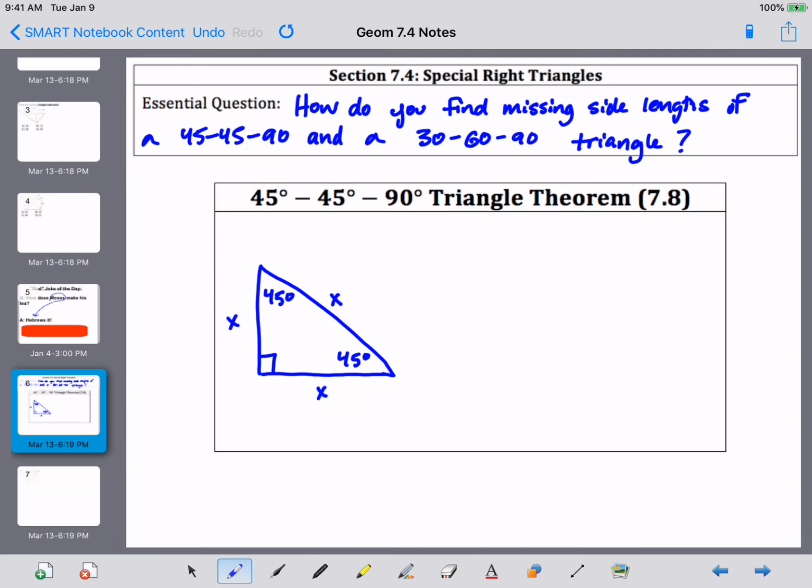If you take the length of that leg and multiply it by the square root of 2, you'll get the length of the hypotenuse. Written out in words, the hypotenuse is equal to the leg times the square root of 2. Let's use this formula to do examples 1 through 3.